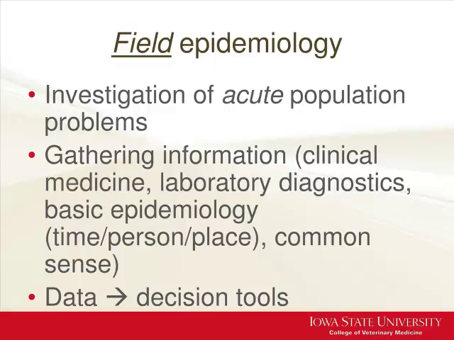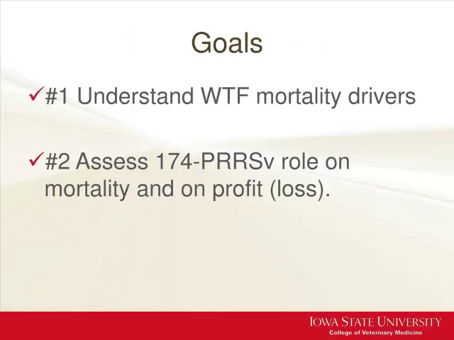So our idea was to describe what happened, see how good we were at predicting, and be able to, from now on, use this information to select the best intervention methods to try to influence the outcome. The goals for this analysis were two.